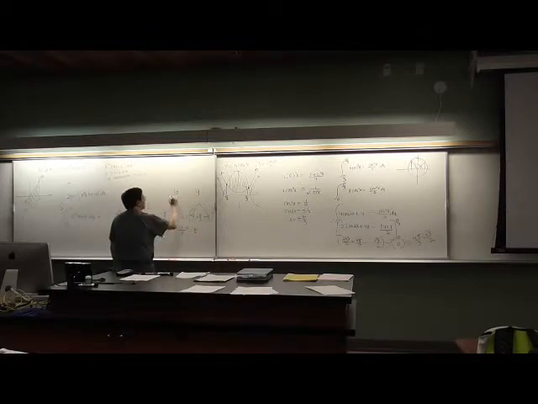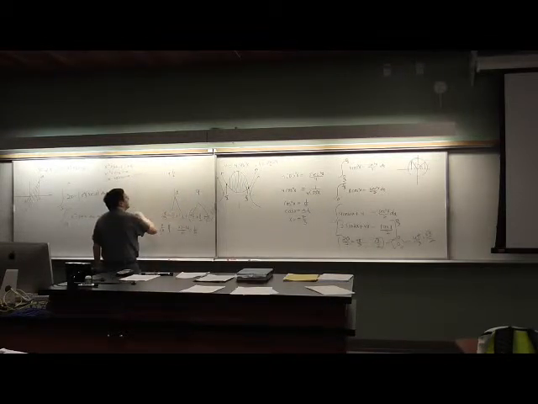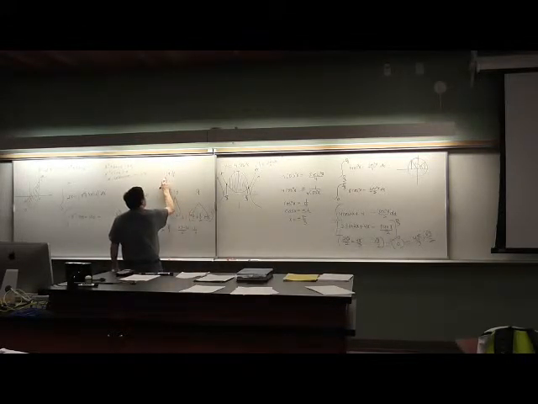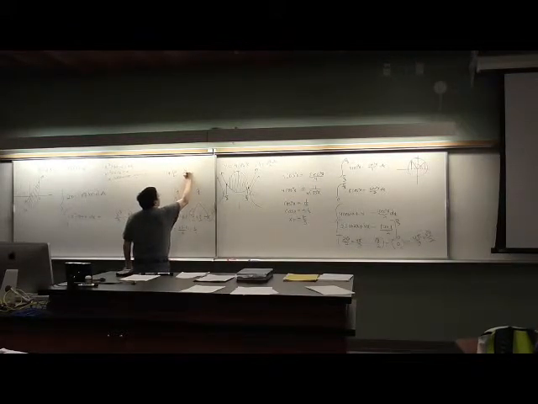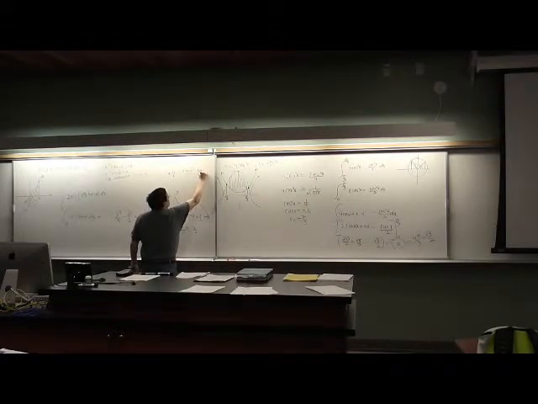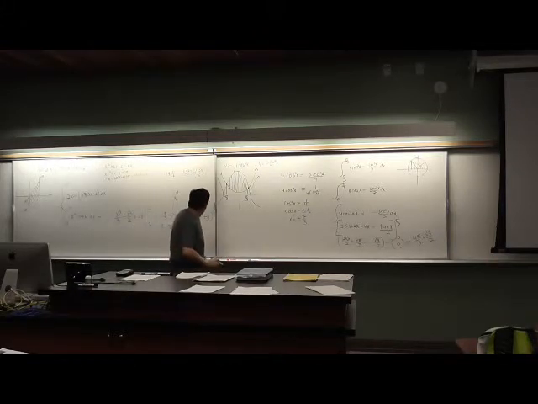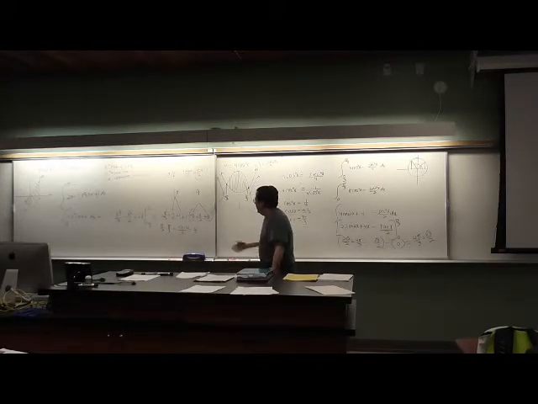Okay, so 19 and 11/6. Oh, 6. Thank you. Okay, so 6 times 19 is 114, plus 11 over 6 is 125 over 6, which I know is the right answer. Calculus is easy. It's the arithmetic that's the problem.